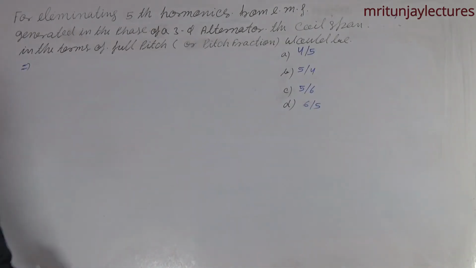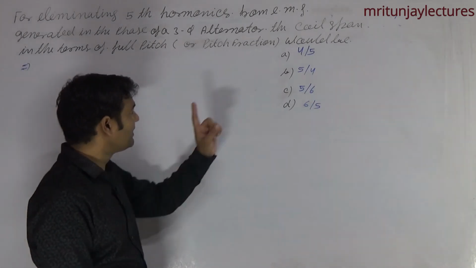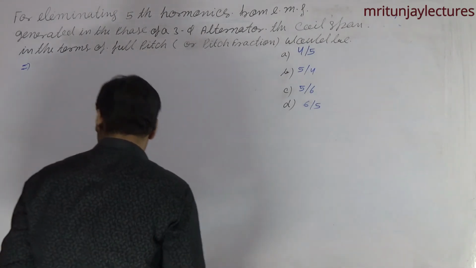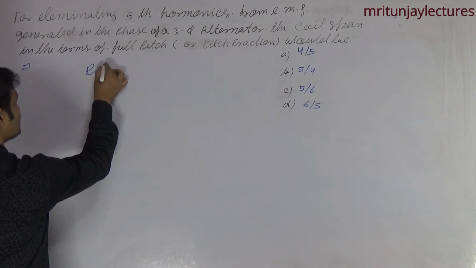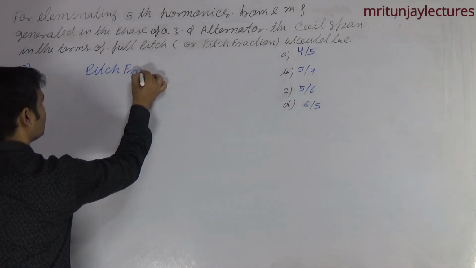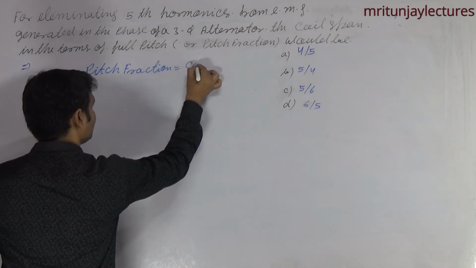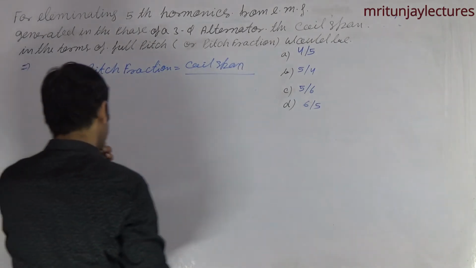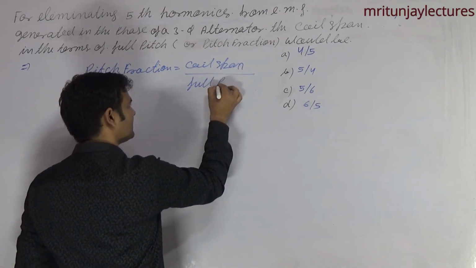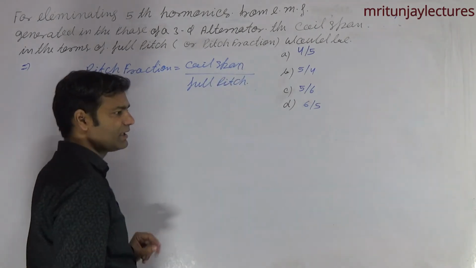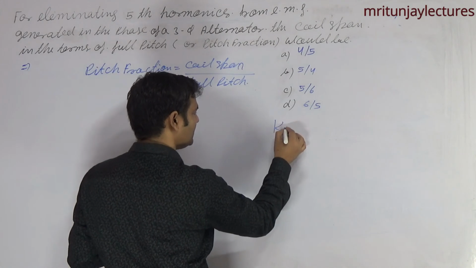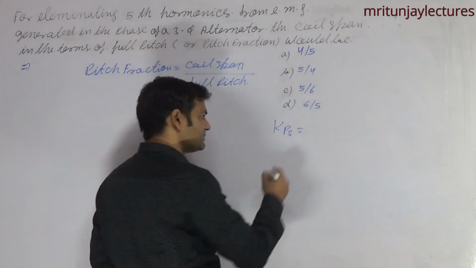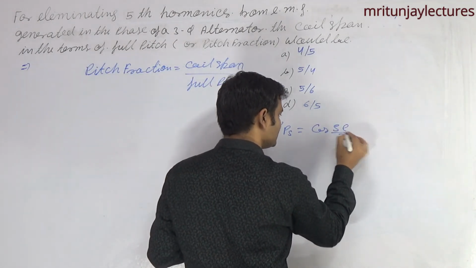Now our motto: eliminating the fifth harmonic. Our motto: determine the coil span in terms of full pitch, or pitch fraction. What about pitch fraction? Pitch fraction is equal to the coil span divided by the full pitch. Our motto is the fifth harmonic. You know that the pitch factor Kp5 for the fifth harmonic is cos 5 rho by 2.